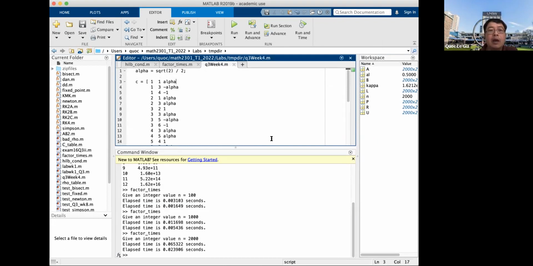Alpha is square root 2 over 2, which comes from the equation. At entry 1, 1, it is equal to alpha. The entry 1, 3 is equal to minus alpha, and 1, 4.